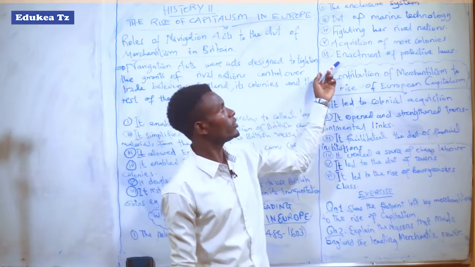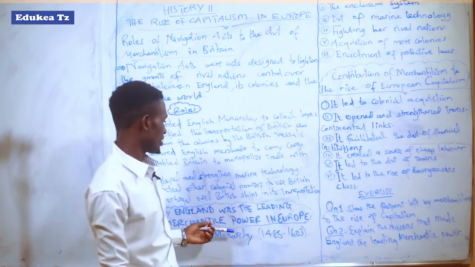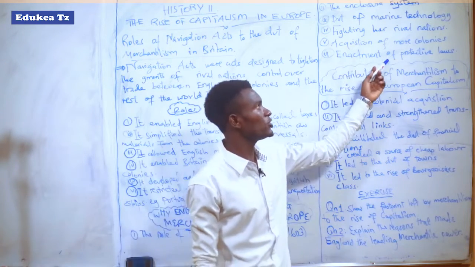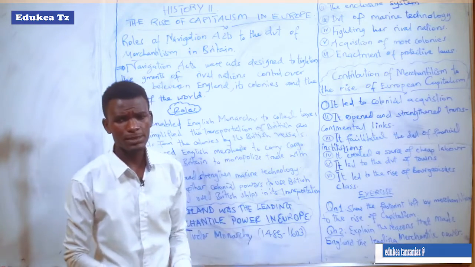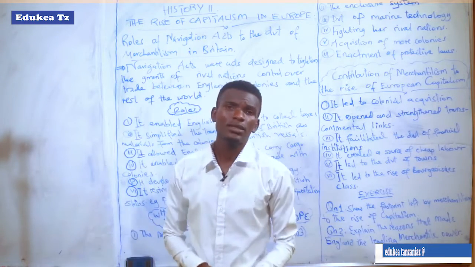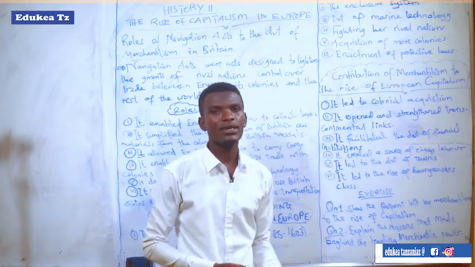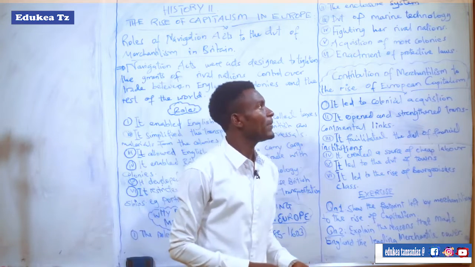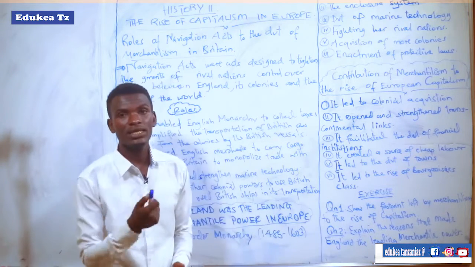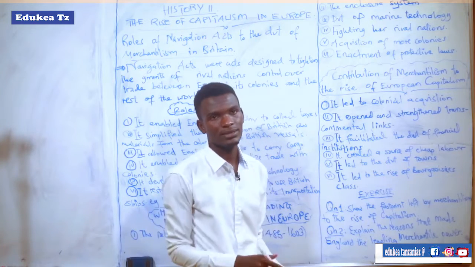And the last reason for England to be the leading mercantile power in Europe was the enactment of protective laws. It means the English government enacted various protective laws to ensure that English merchants involved themselves in trading activities without any disturbance.